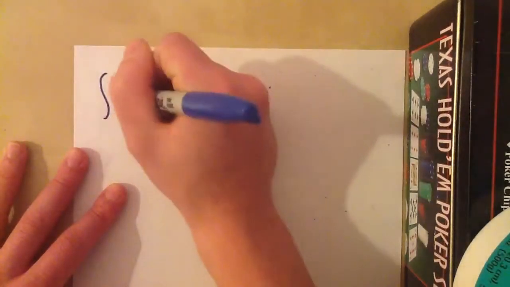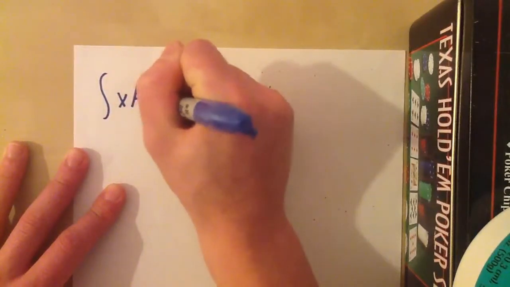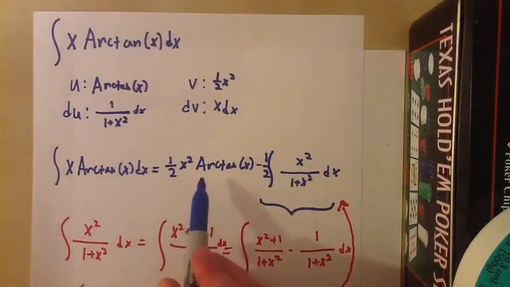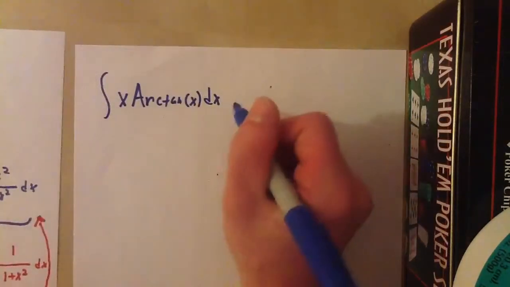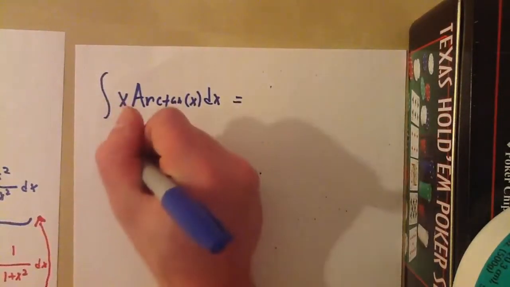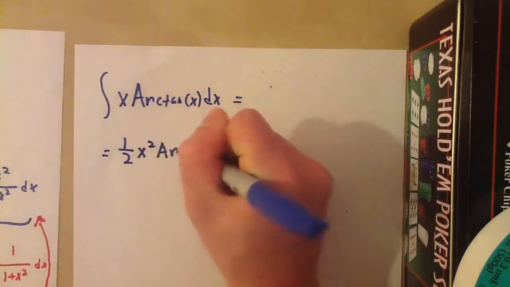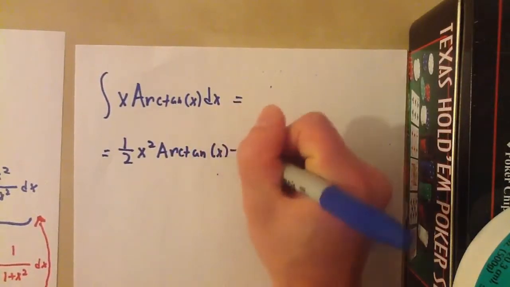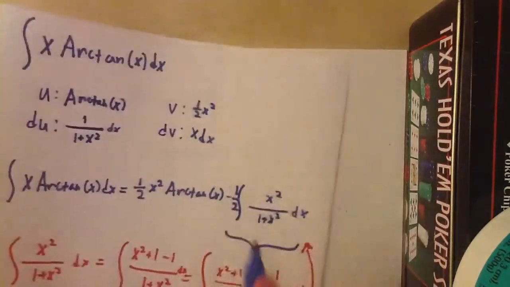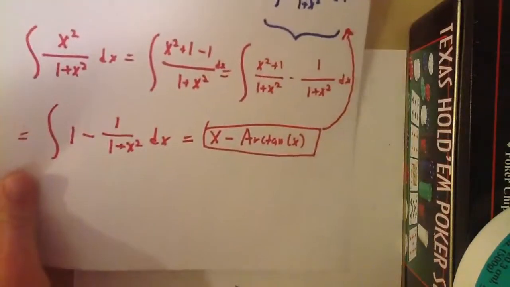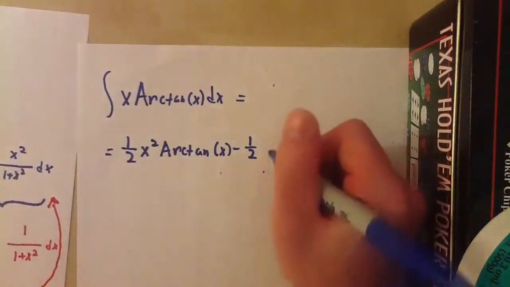The original question was the integral of x arctan x dx, and from here we already had 1/2 x squared times arctan of x minus, you see this comes minus 1/2 times this expression, which we figured out to be x minus arctan of x.